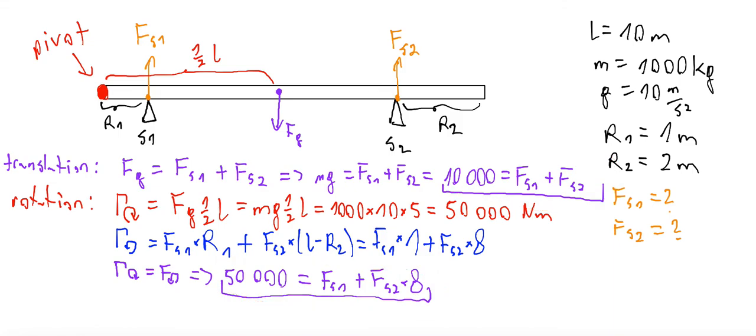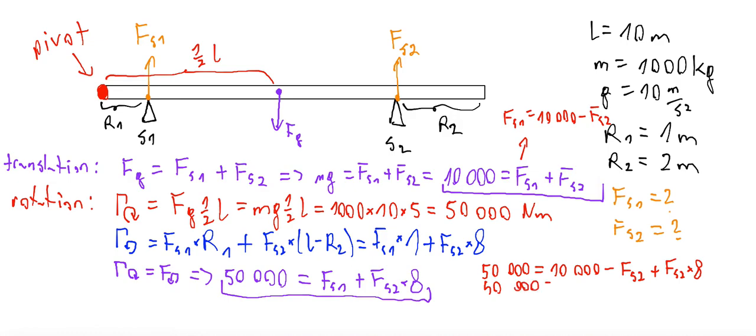By using the first equation, we can write that Fs1 is equal to 10,000 minus Fs2, and substitute into the second, so we have 50,000 is equal to 10,000 minus Fs2 plus Fs2 times 8, so 40,000 is equal to minus Fs2 plus 8 Fs2, which gives 7 Fs2.